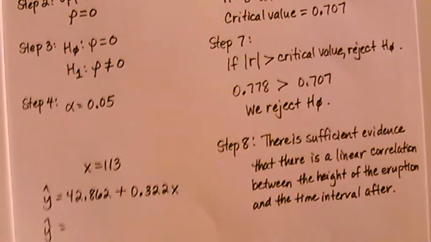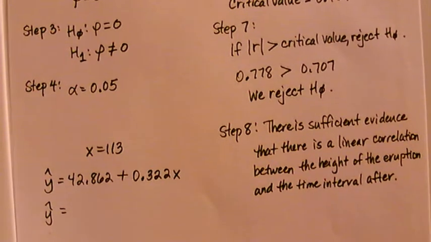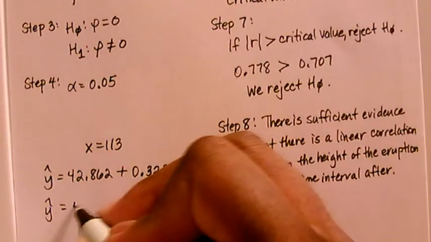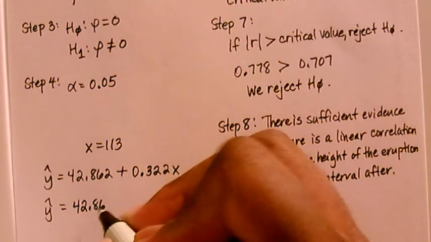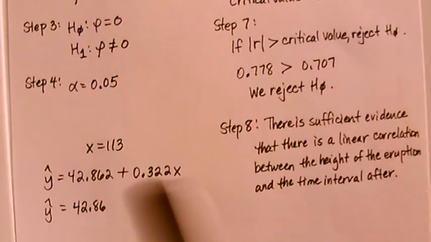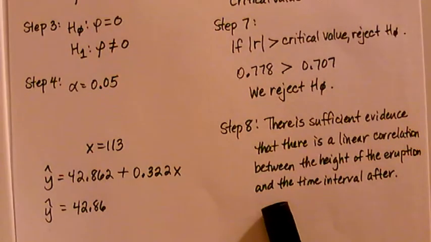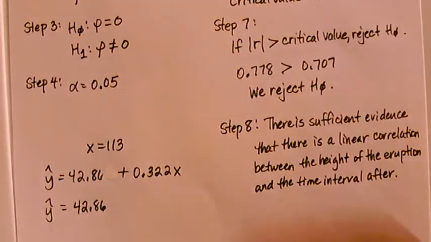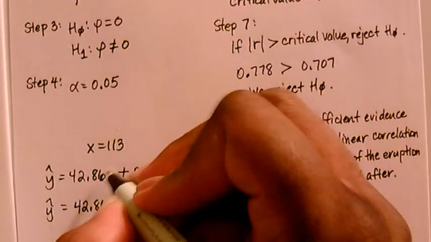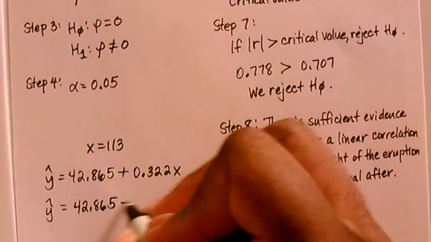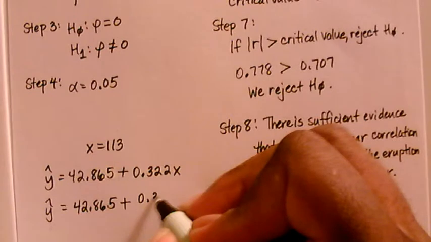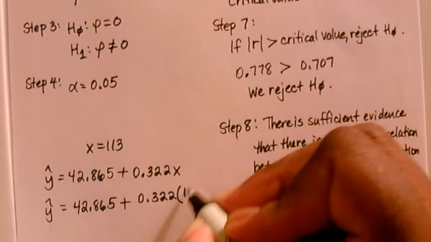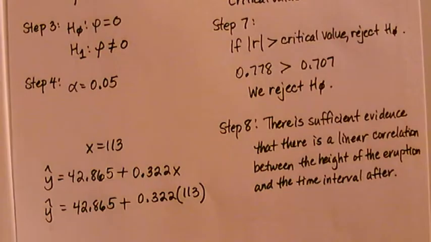So we just substitute 113 for x into this equation. So we have 42.865, I'm sorry, plus 0.322 times x, and x is going to be 113.